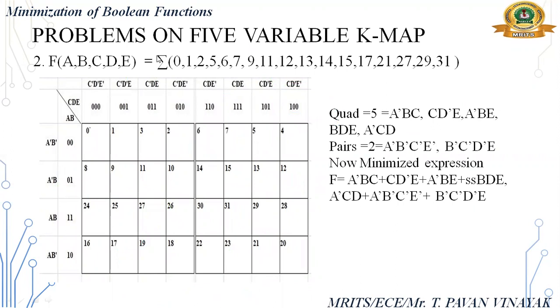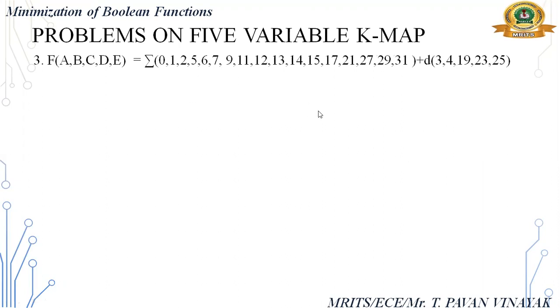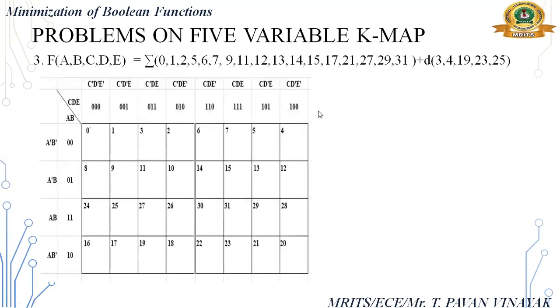See, third problem. For this expression only I am giving don't cares. Now write the ones and don't cares. Ones are available at 0, 1, 2, 5, 6, 7, 9, 11, 12, 13, 14, 15, 17, 21, 27, 29, 31.